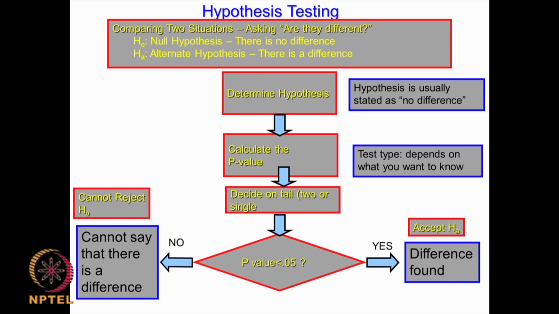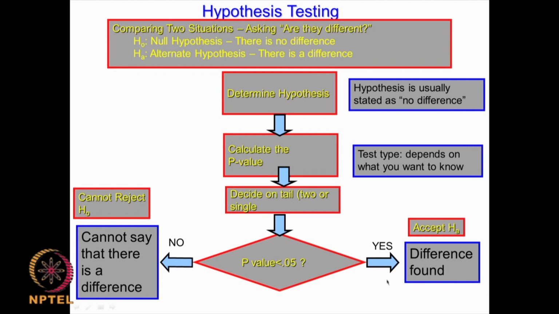Once I decide on the type of hypothesis, whether it is a single-tailed or a two-tailed test, and the p I want to look at, I calculate using different tests something called t, and from there I calculate the p value.